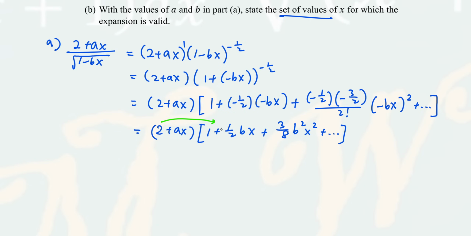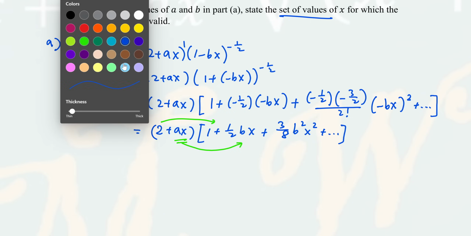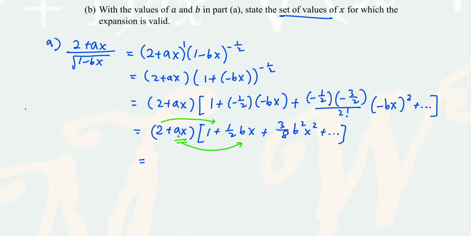So when you do expansion, ax with the brackets, since we are interested up to x squared, you can just expand up to half bx. So which means now here I will be getting 2 plus 2 times half bx, that is bx, plus 3 over 4 b squared x squared. Okay, so now the ax multiplied to the first two terms. So that is ax followed by half abx squared.